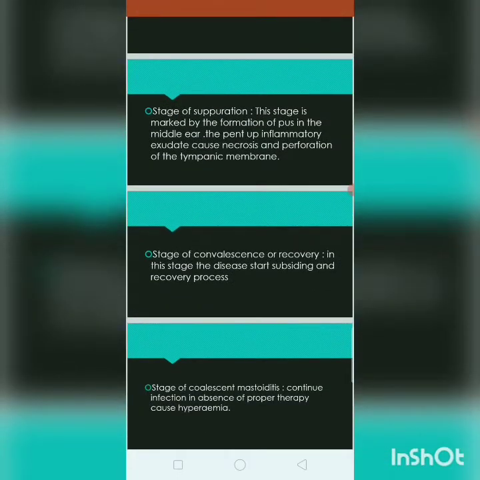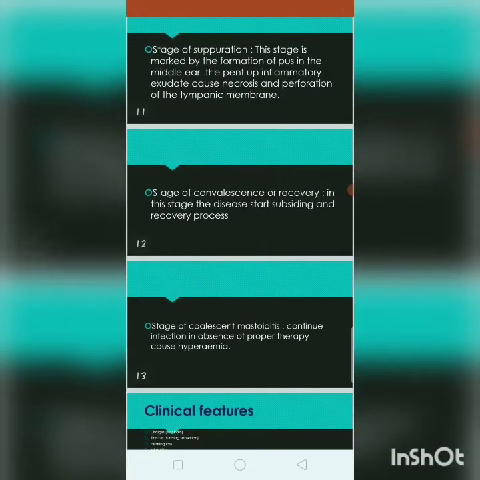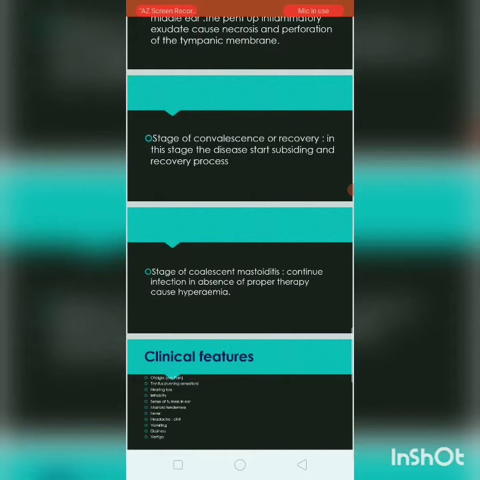Then next, the stage of convalescence or recovery. In this stage, the disease starts subsiding and the recovery process begins. Next, the last stage is the stage of coalescence, mastoiditis.